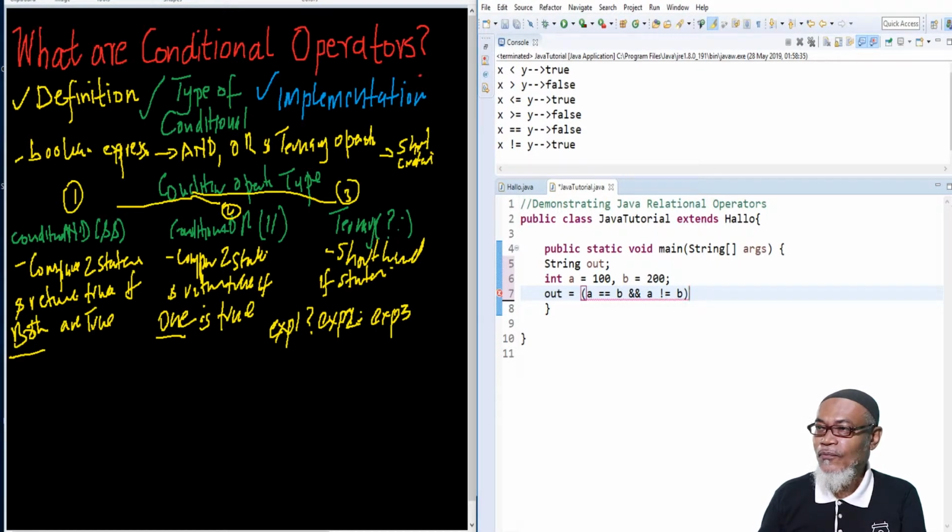Then we have our question mark and two expressions. If it is true, return yes, otherwise, if it is false, return no.